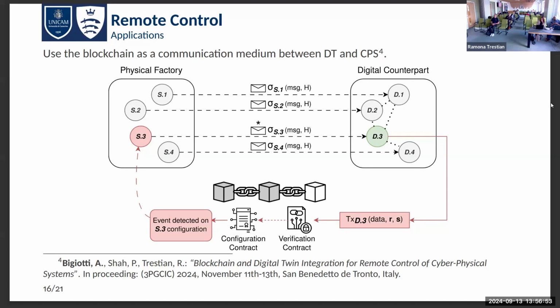So once S3 changes its behavior with respect to the normal one, the digital twin is able to read the message that changed and can verify if this kind of transaction happened. And not only D3, all the digital twin components are able to detect this change of configuration.